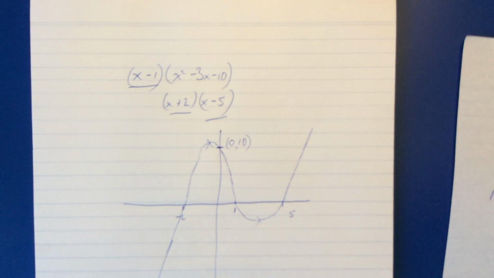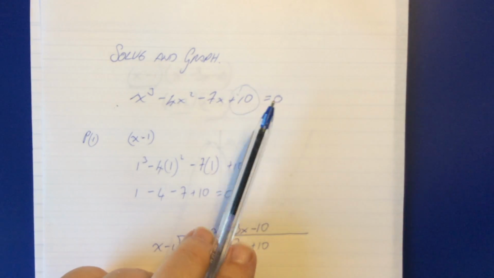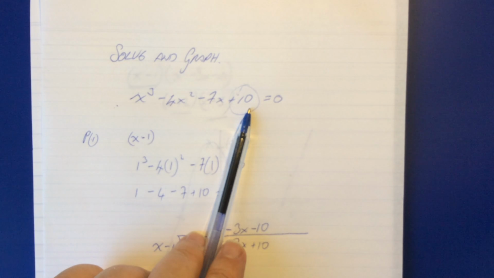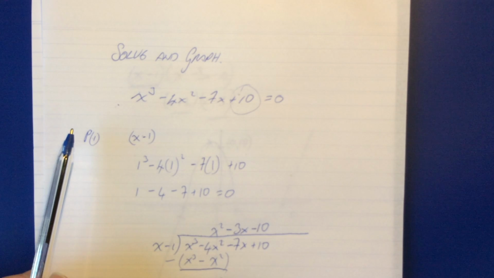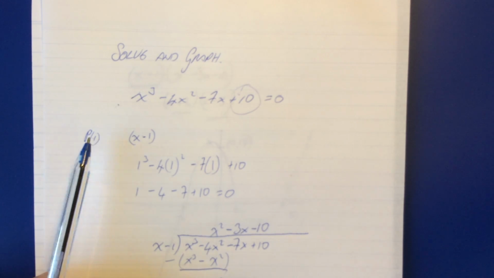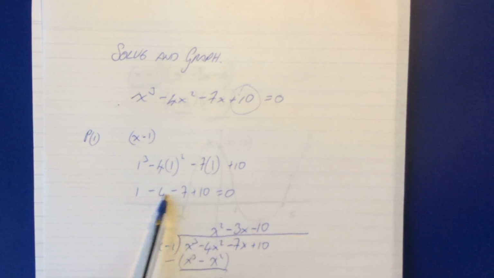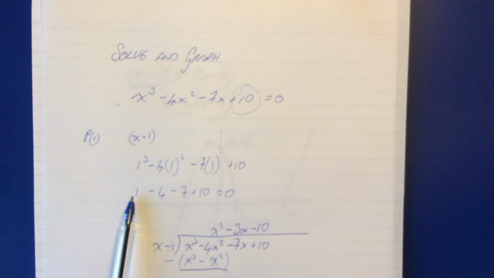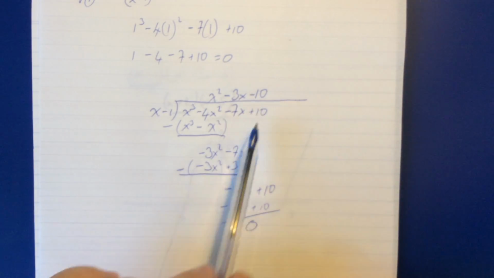So just to go back through the process, first of all, we have our y-intercept. We try factor theorem, and we discover that 1 is a solution, and therefore x minus 1 is a factor, because we can make this thing equal 0 when we put 1 into it. Next thing is the long division. Fortunately, no remainder, so this is definitely a factor.